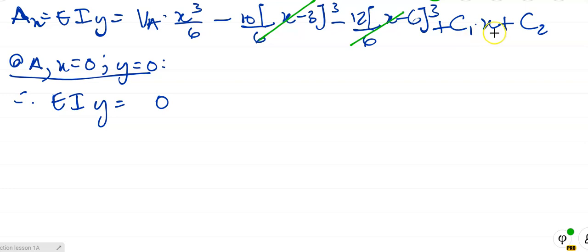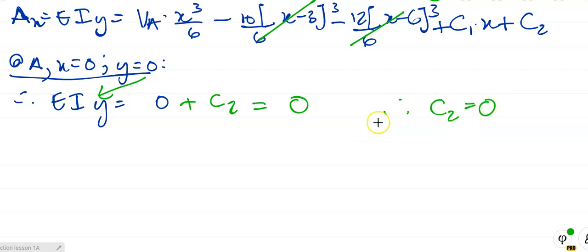And C1 times 0 will be 0. So all we're left with is plus C2. But we said that at x equal to 0, y is also equal to 0. So therefore, that is also equal to 0, and therefore C2 is equal to 0.